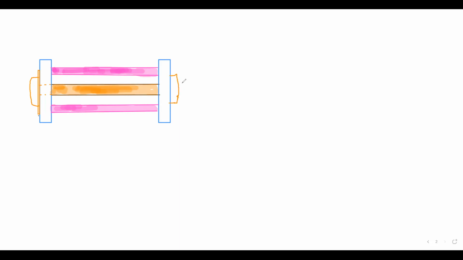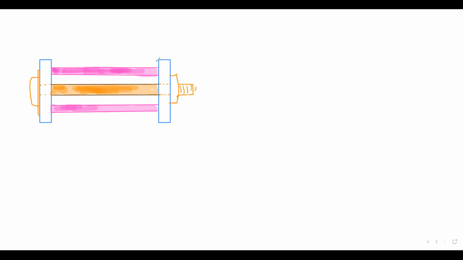Nut, and this goes through like this. Thank goodness, we have threads. This whole thing is going, and of course let me put imaginary here, to be sure that our students don't get confused.